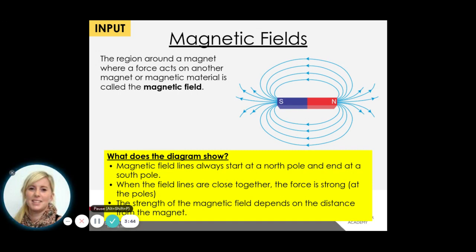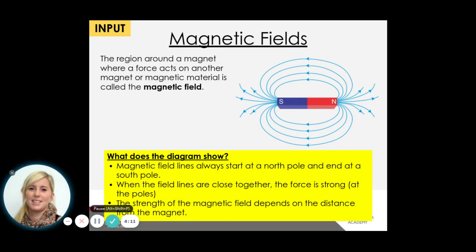At the North and South Pole, all of the lines are really close together, so the magnetic field is stronger there. Lines that are further apart represent where the magnetic field is weaker. As you move further away from the magnet, the force experienced is weaker.